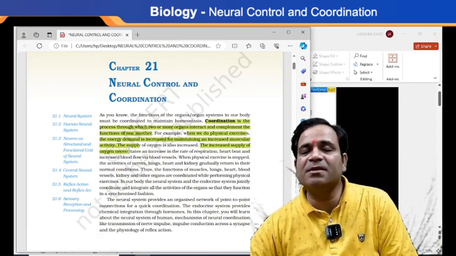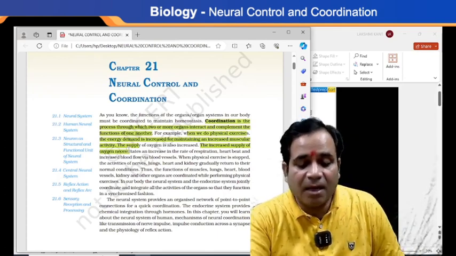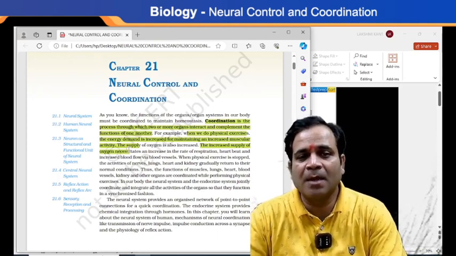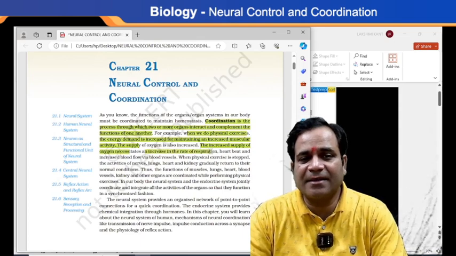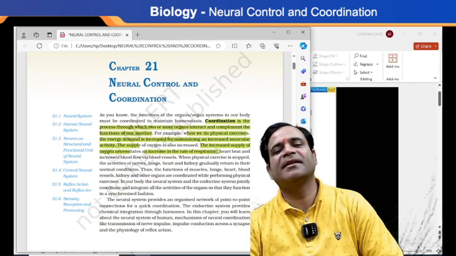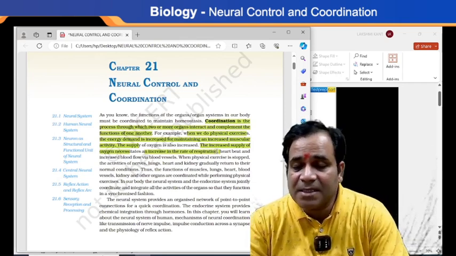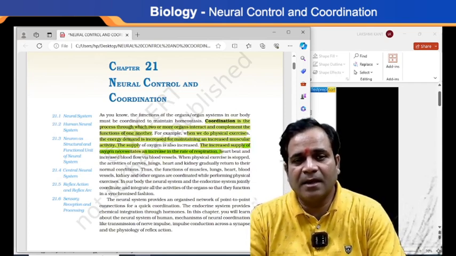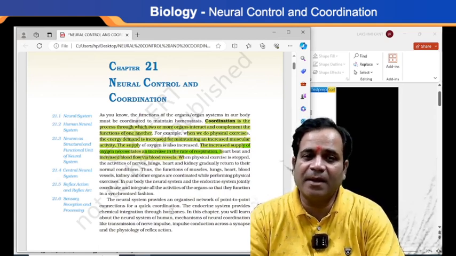So the increased supply of oxygen necessitates an increase in the rate of respiration, and also heartbeat, and increased blood flow via blood vessels.